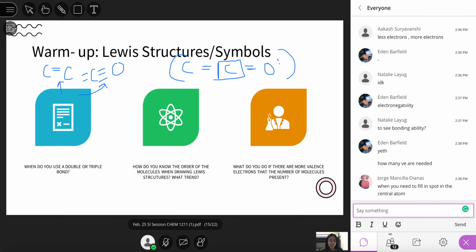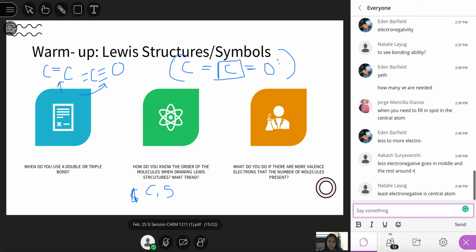For example, let's say you have C, S, O, how would you know? Less to more electrons. Okay, actually, Eden, Akash, and Natalie are correct. The more electronegative go on the outside, the least electronegative go on the inside.